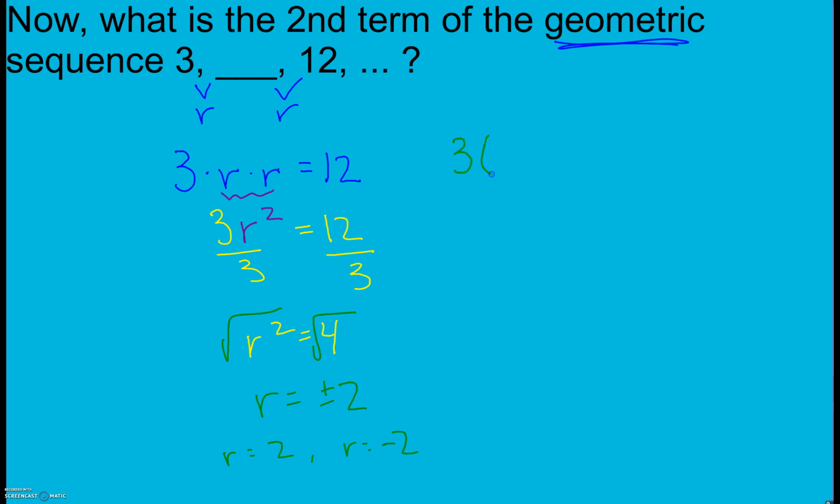I take my first term, multiply by my r value, and I get 6. Take 6 times 2 and get 12. That would work. My other option would have been if I took 3 times negative 2, if my r was negative 2, I'd get negative 6.